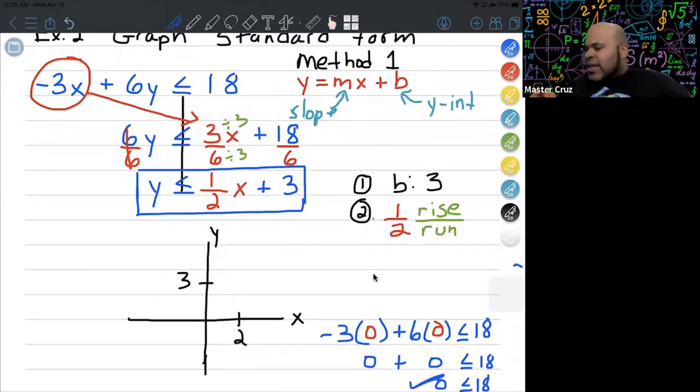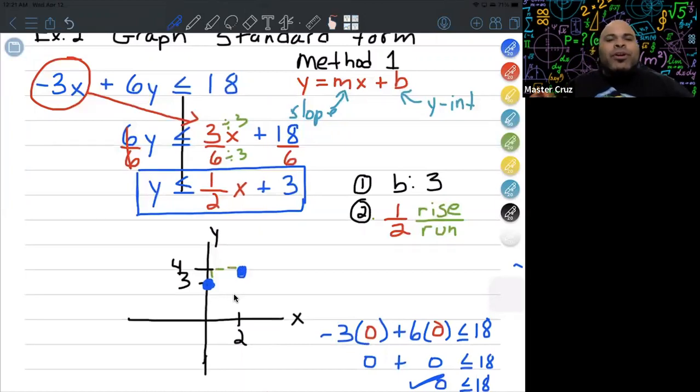So I have a point at positive 3, and starting from that point, I'm going to start counting my slope. This says go up 1, so if I go up 1, I can move up to 4. And then I'm going to have to run 2. So I'm going to run 2 to the right, to 2 on the x-axis. So I have another point right here.